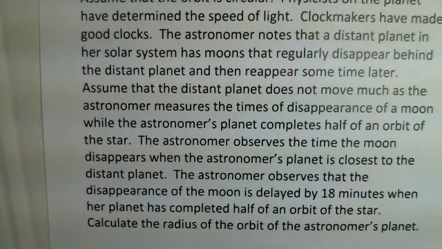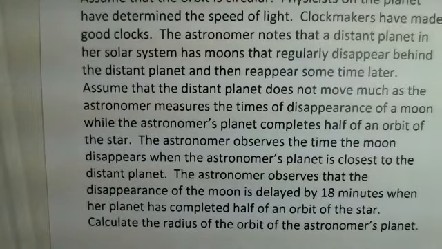The moon might take a few days and some odd hours going around the planet, but it's a regular pattern. But as the astronomer's planet moves in its orbit around the star, the astronomer notices a delay in the timing of the eclipse, of the disappearance of the moon around the distant planet.